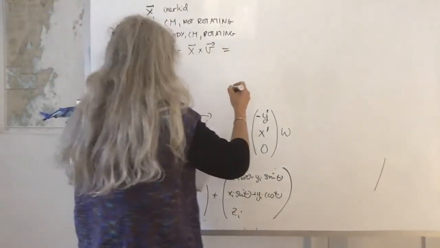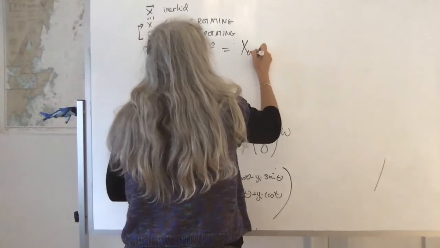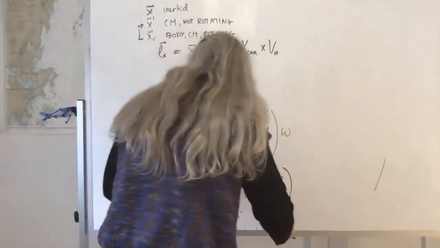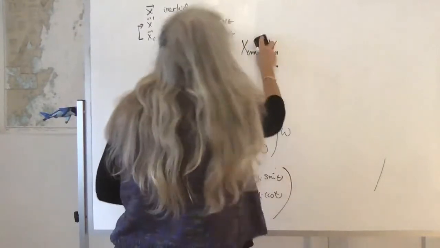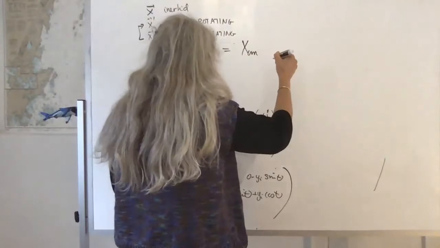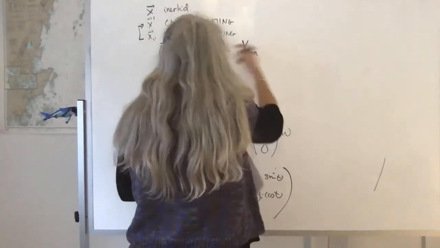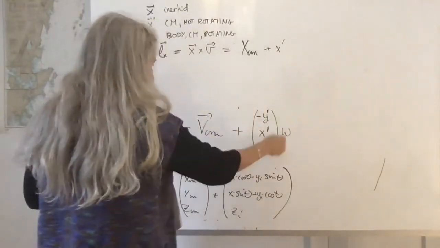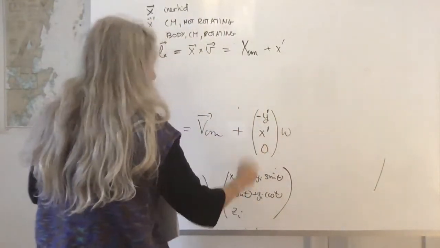It will look like x center of mass cross v center of mass. Let's write each one out, and then I'll distribute the cross products. It's x prime, because this is x prime.